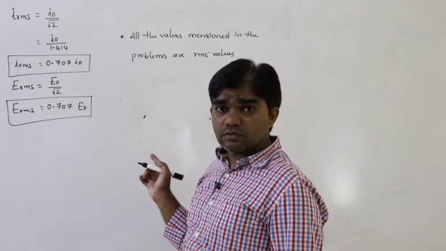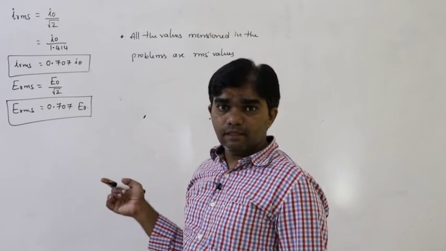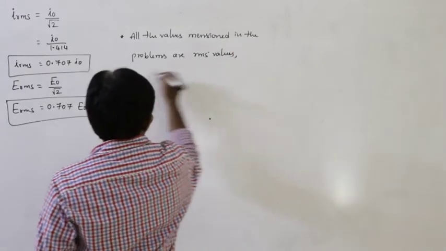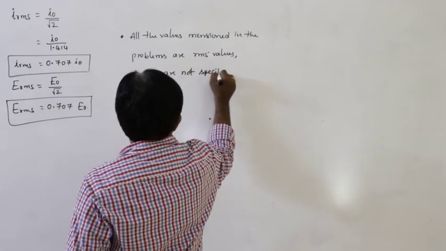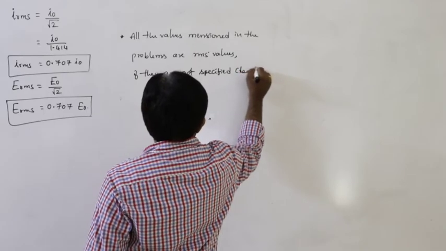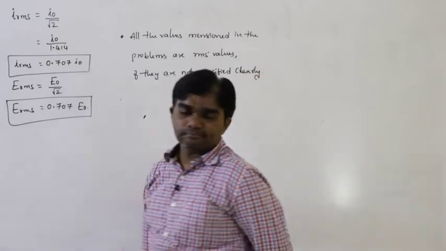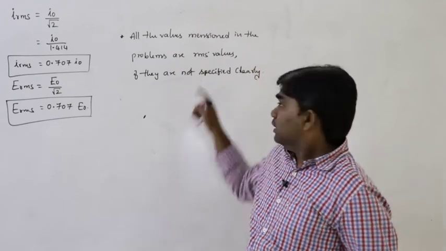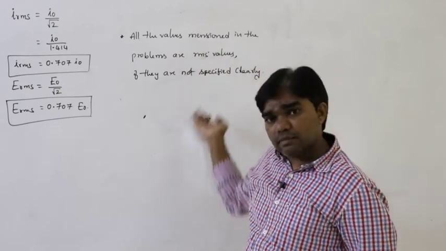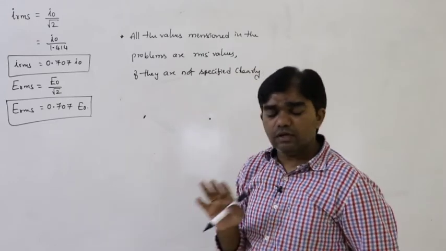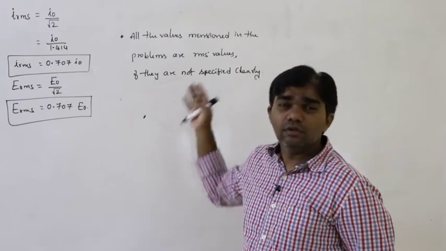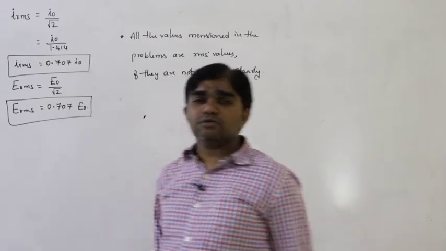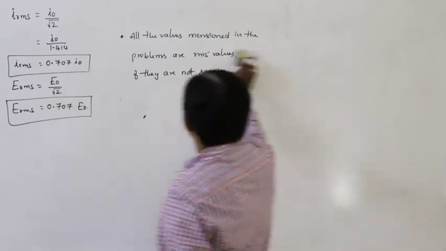If they specify clearly, then these are RMS or peak values. If they don't specify anything in the problem, those values must be RMS values. That is important.